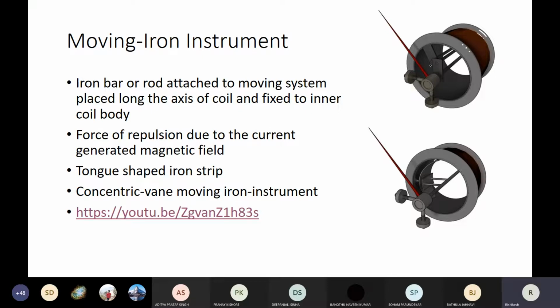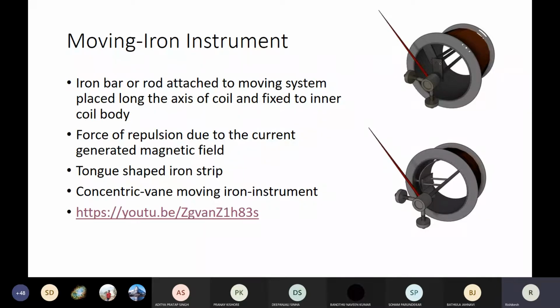Here what happens is that a force of repulsion is generated due to the current generated magnetic field. You see this brown colored region; if you look closely, these are wires. This is a coil through which the current flows and then generates the magnetic field within this region.